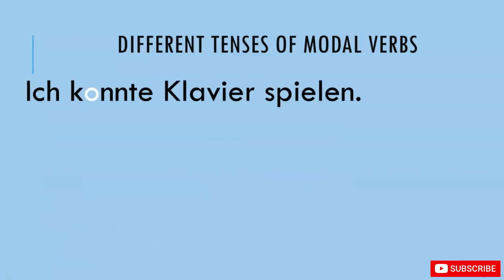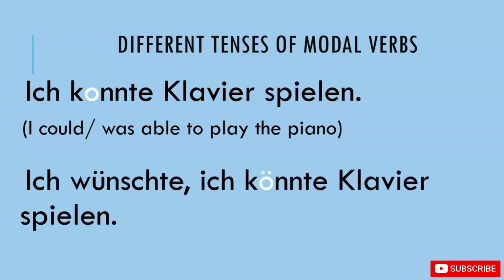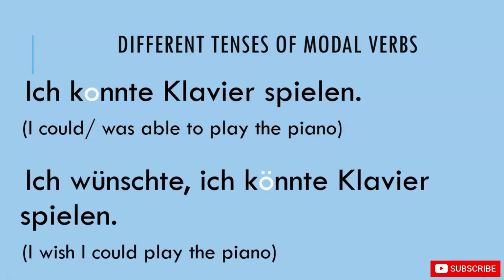And the same with können. Ich konnte Klavier spielen. It's past tense again. I could play the piano, or more like I was able to play the piano. Maybe now I can't anymore. Oh, ich wünschte, ich könnte Klavier spielen. I wish I could play the piano.